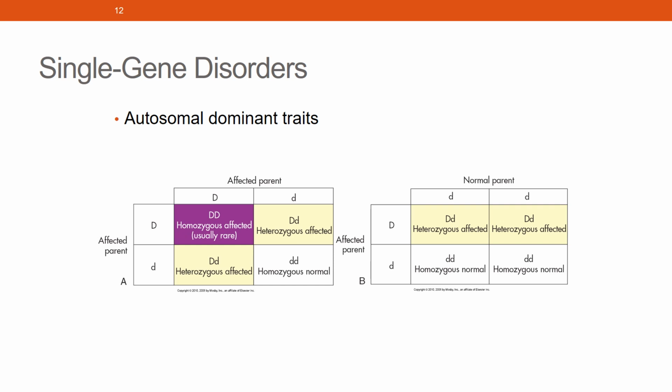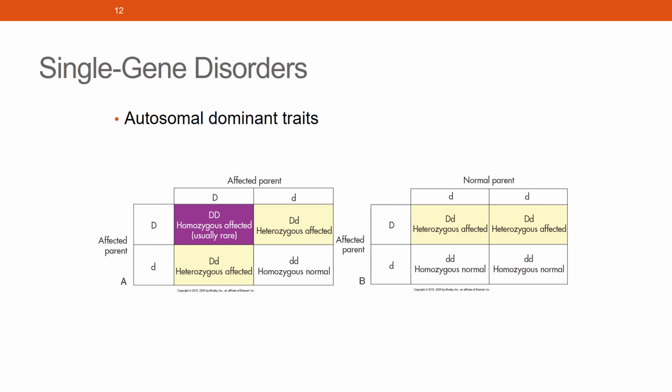If we have a homozygous affected individual, which is usually rare, both parents have to have the trait, have the gene for this. Then the probability is still 25% to have someone homozygous.